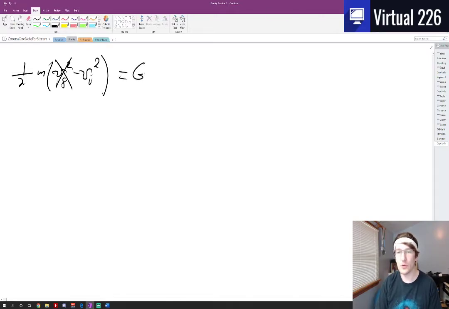Then it's going to equal GM, where G is the gravitational constant and M is the mass of the moon, and then another m right here, which is the mass of our satellite or whatever, but we don't care what it is because it's always going to go away. Then multiplied by 1 over the final position minus 1 over the initial position of whatever it is we're launching.